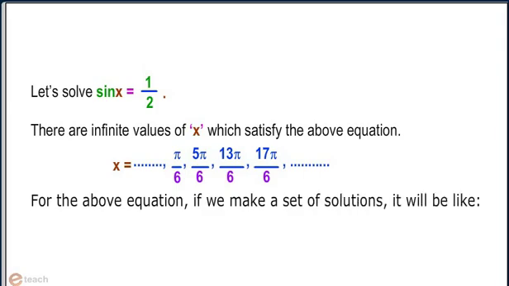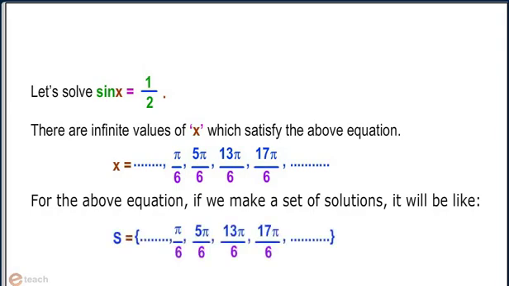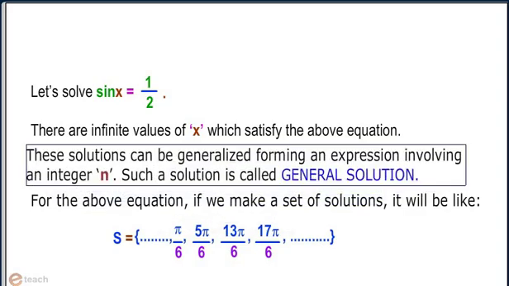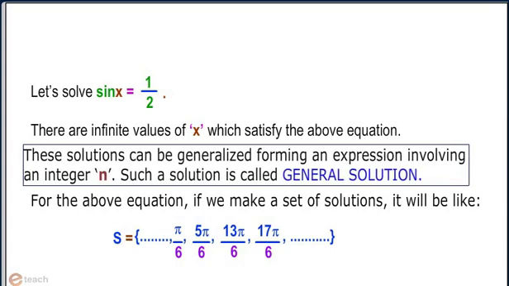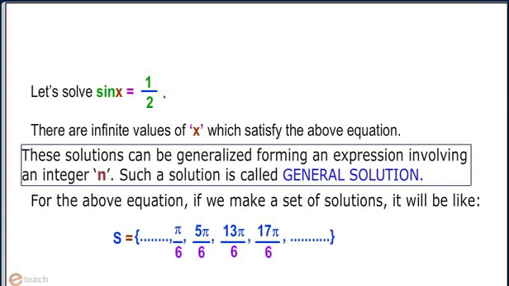For the above equation, if we make a set of solutions, it will be like S equals the set of elements pi by 6, 5 pi by 6, 13 pi by 6, 17 pi by 6, and so on. These solutions can be generalized, forming an expression involving an integer n. Such a solution is called the general solution.